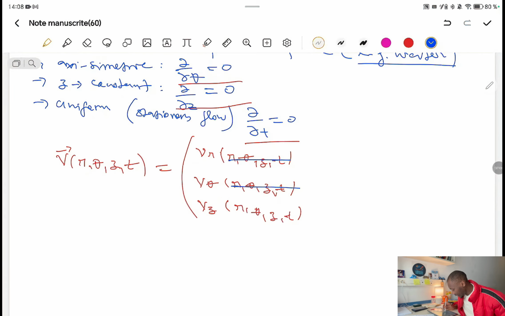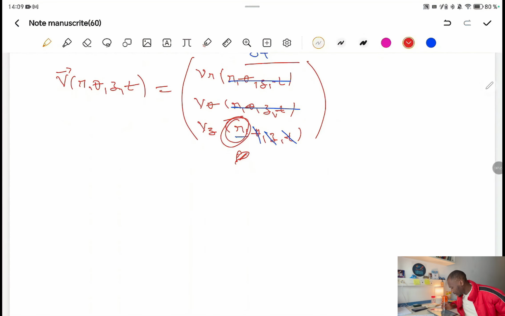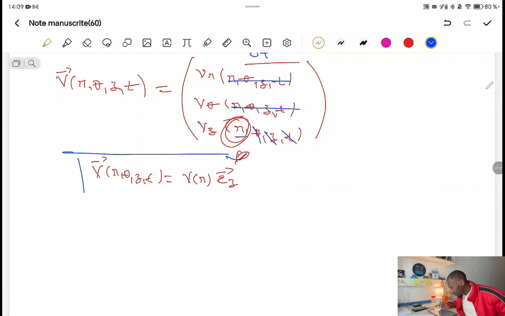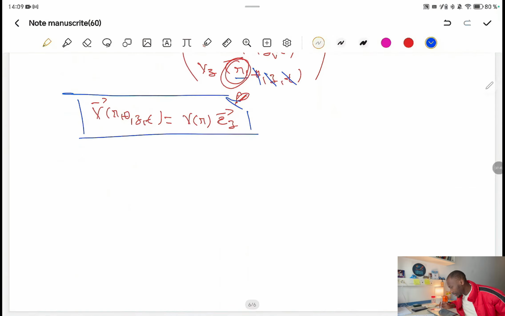For us, the first two components are null, and we are assuming that the speed is in the z direction but depends on r. So our speed is equal to v_z as a function of r, in the z direction. That's what we are looking for in the first part of this derivation.